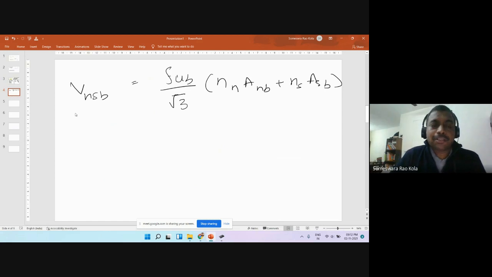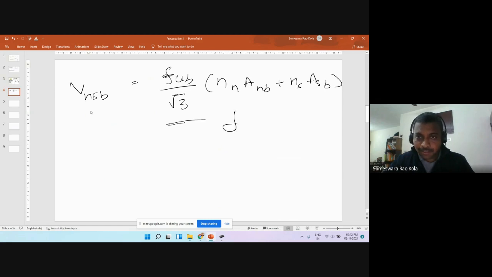When you're talking about shear force, force is always something like stress into area, isn't it? So we have some quantity similar to stress here. This is FUB by root 3, wherein FUB is the ultimate tensile strength.